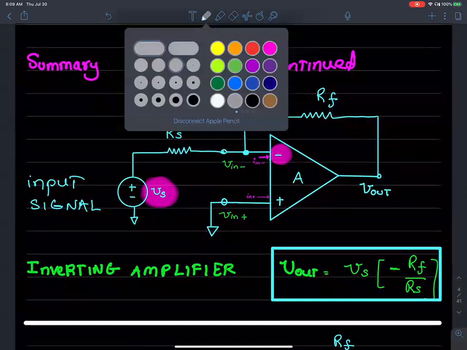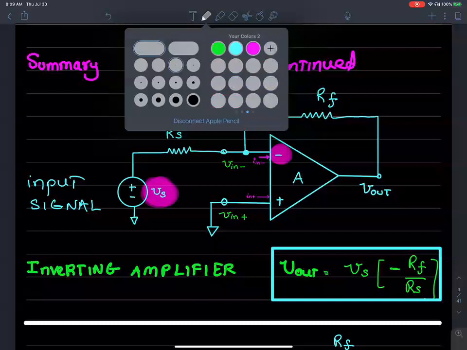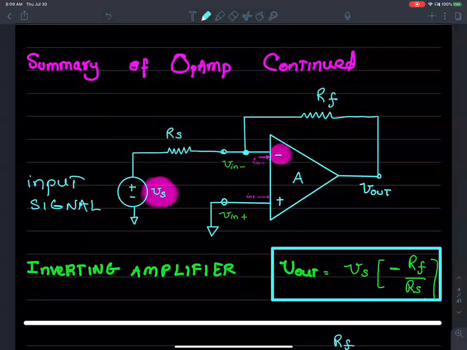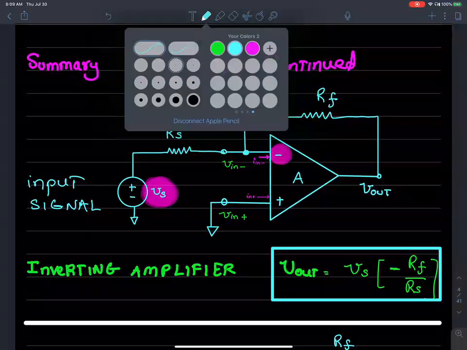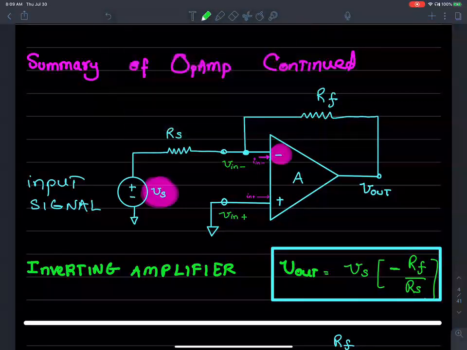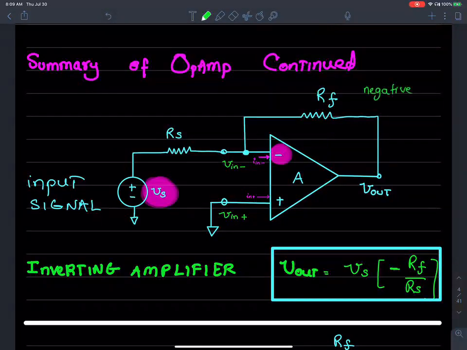That's the negative feedback. Meaning that a part of the output is connected back to the negative terminal. That's the idea of negative feedback.